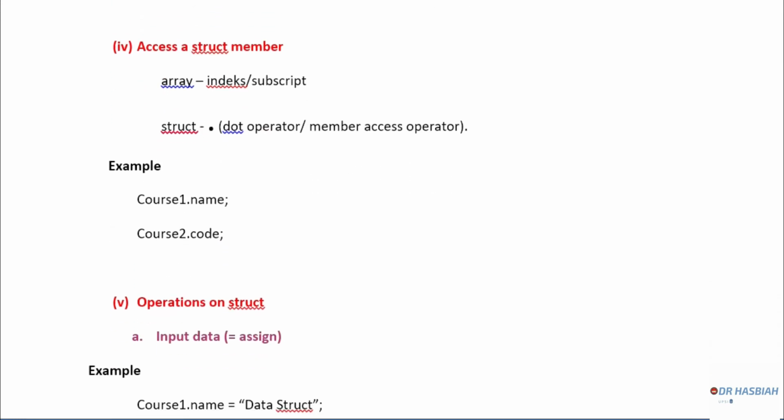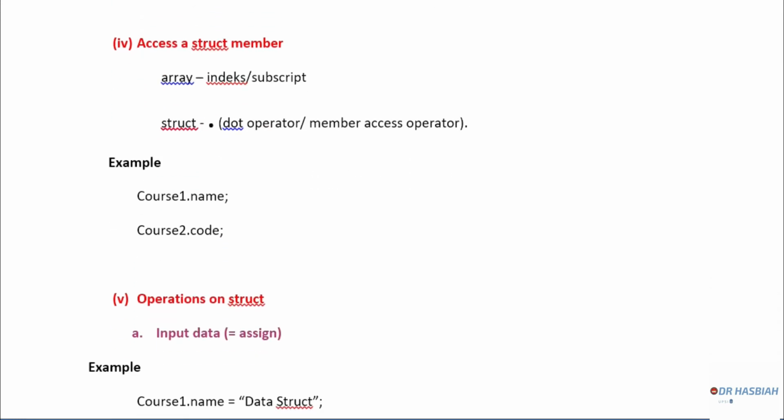Now let's say we have the data in that box already. You have structured programming and then MTS 3013 and then the credit is 3. So now we want to access the element you have in the first box, name.